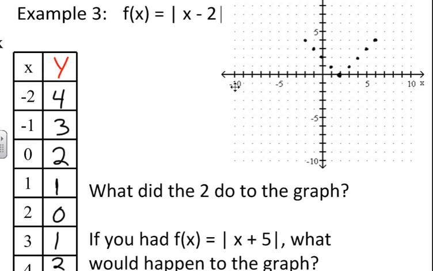And 6, 4. So when you have a number subtracted from x inside the absolute value, it moves, in this case, 2 units to the right. The vertex moves 2 units to the right.